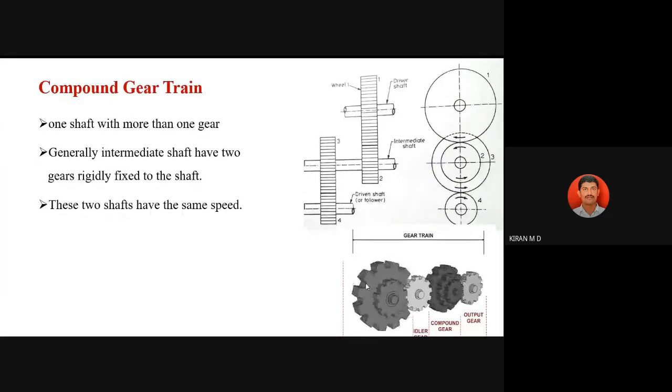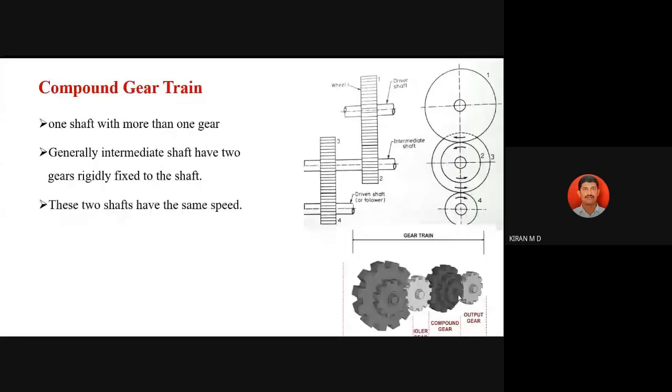See here, you can observe the compound gear train. Here you can see this is the input gear. In this condition we have fixed two gears here. The smaller gear is the driver. This second gear is the intermediate gear.